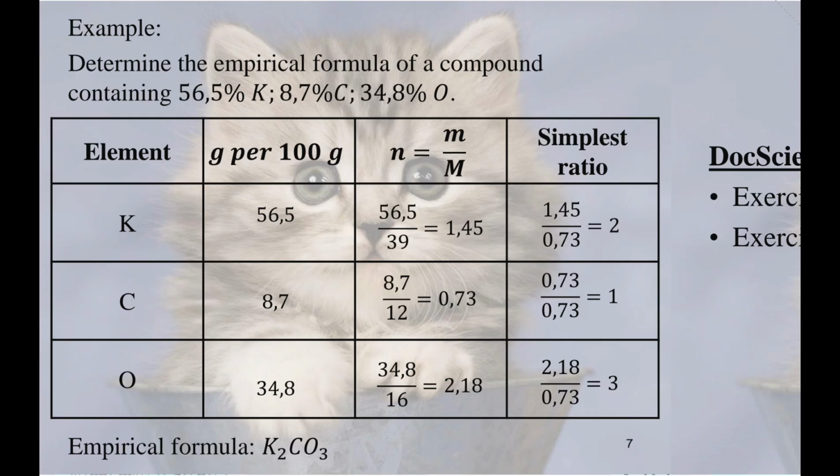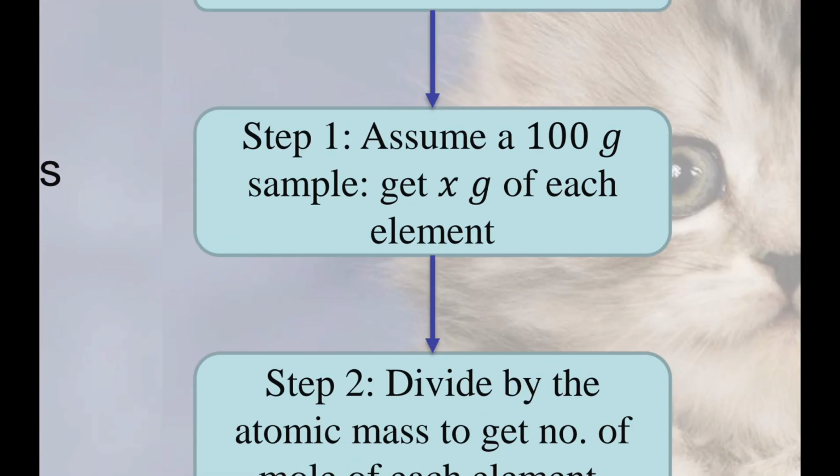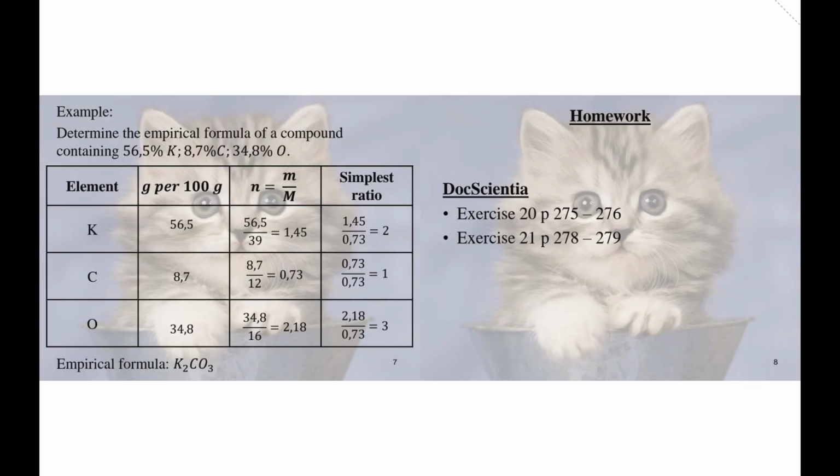I always tell my students, if you add these potassium, carbon, and oxygen percentages using a calculator, you will get 100%. 56.5% plus 8.7% plus 34.8% gives you 100, which makes sense. That's why in step 1 they say assume a 100-gram sample, get x grams of each element. That's what they're trying to say.